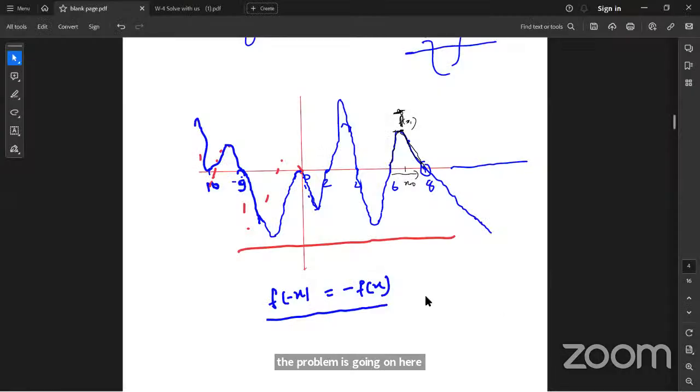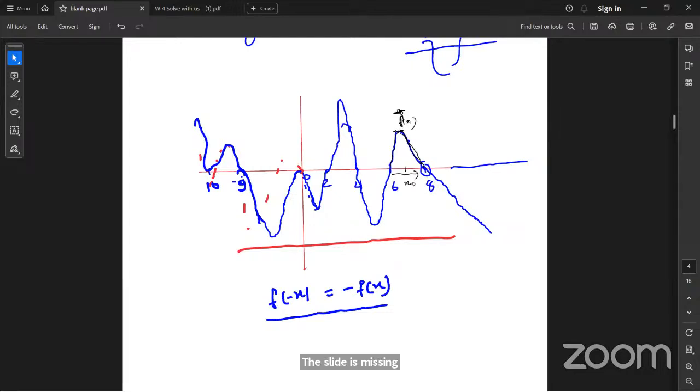Just a minute, let me figure it out. Sir, it's visible now, but the slide is missing actually.